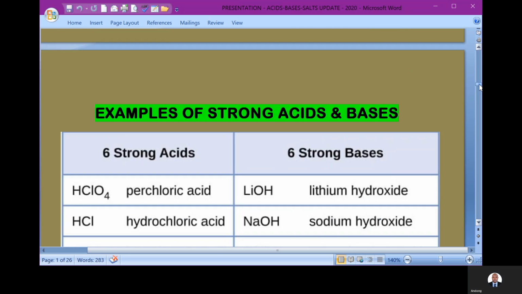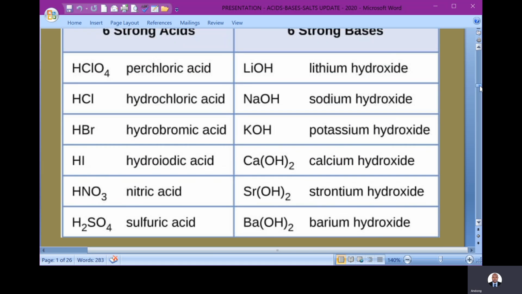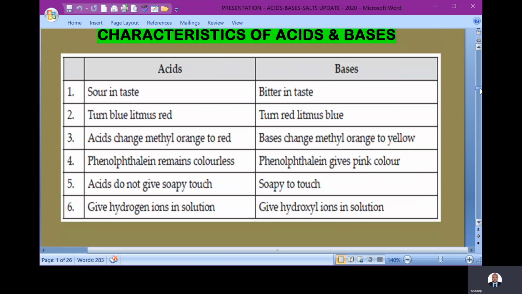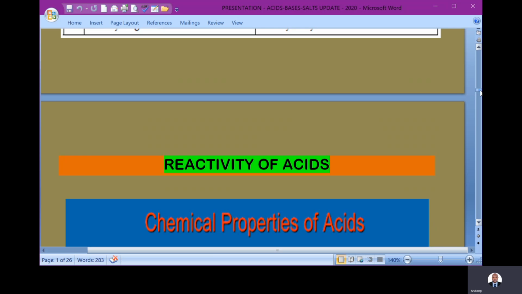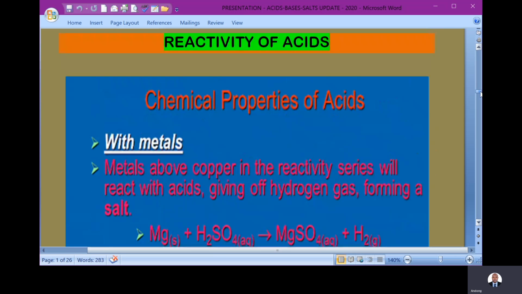There are different types of acids. Acids have different reactivity, as you know. Acids will react with metals. When acids react with metals, they will give salt and hydrogen.